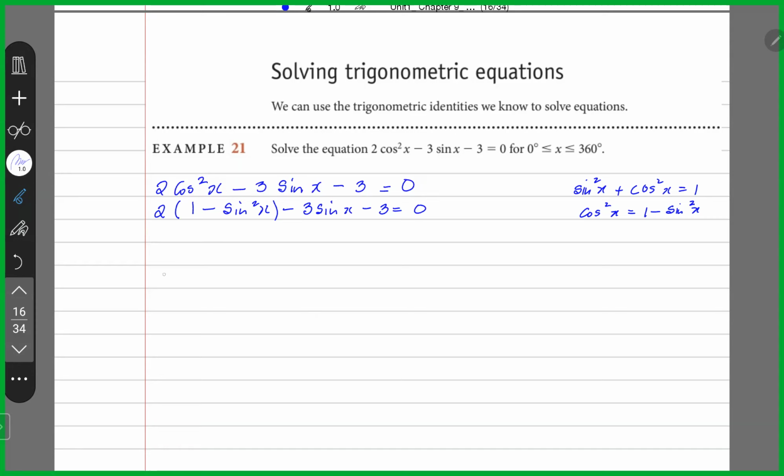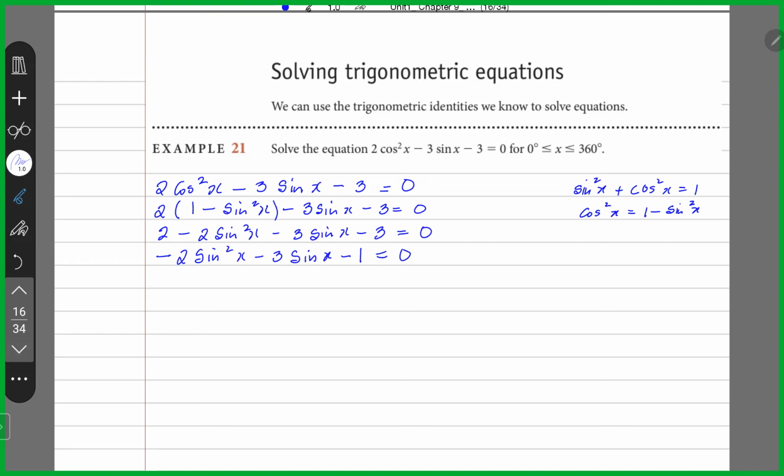Removing the bracket by applying the distributive law, 2 times 1 is 2, and 2 times sine squared x is 2 sine squared x, so we have 2 minus 2 sine squared x minus 3 sine x minus 3 is equal to 0. Then simplifying, minus 2 sine squared x minus 3 sine x minus 1, because 2 minus 3 is minus 1, is equal to 0.